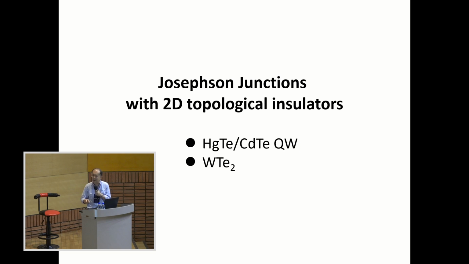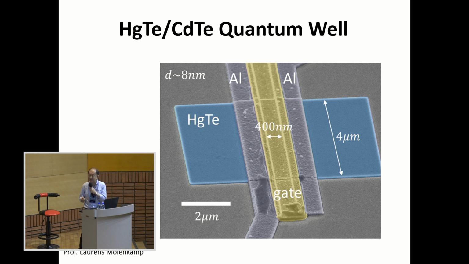And first, I show you the experimental results on the 2 cases. Those are experimentally confirmed as a 2D topological insulator. So this is the mercury telluride quantum well.